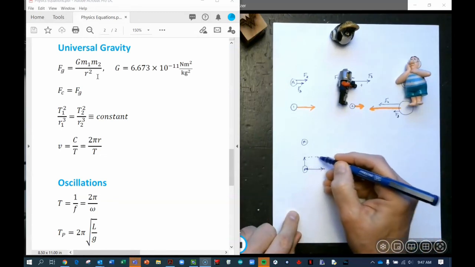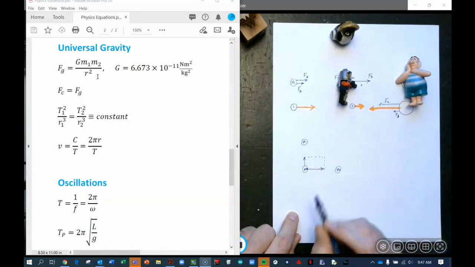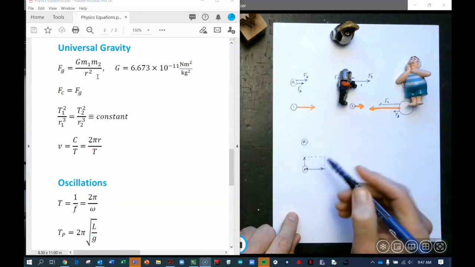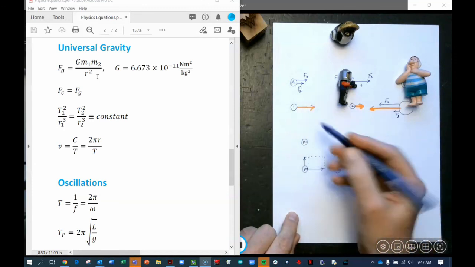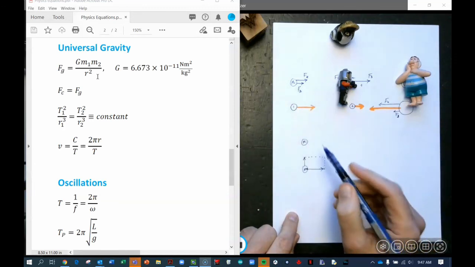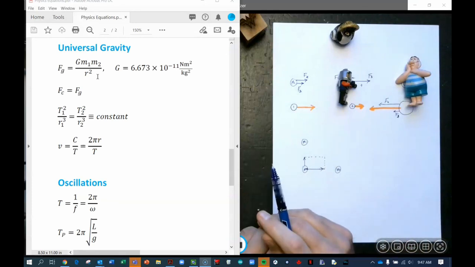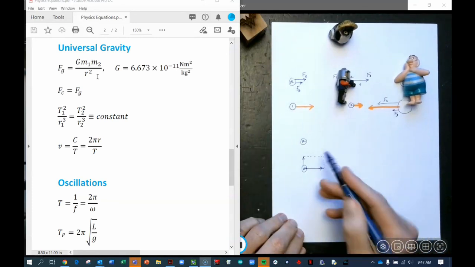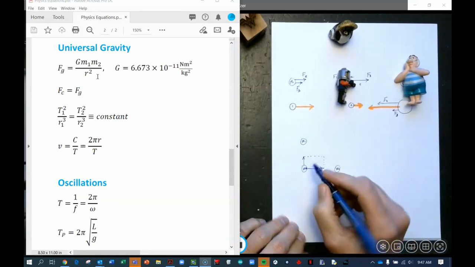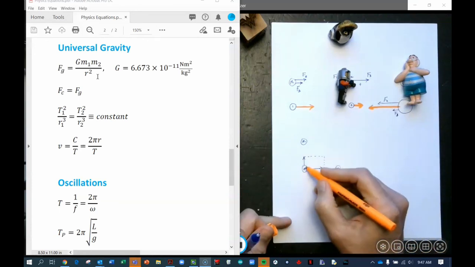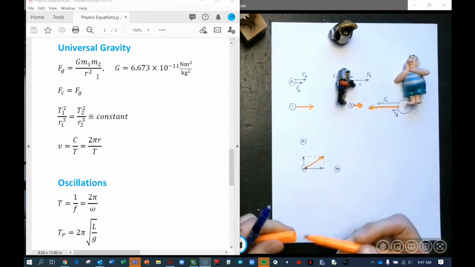Well, he's going to feel it again, just like we did up here where we add the vectors, but here we have to add them vectorially, just like we did here. It's just easier when it's on a one-dimensional graph. So here when we add them vectorially, again we get Pythagoras, and that would be the net force.